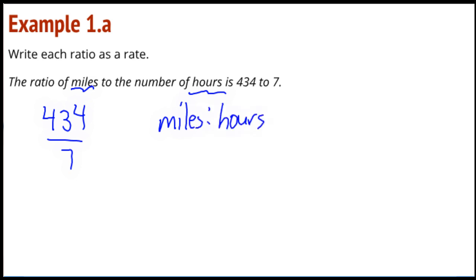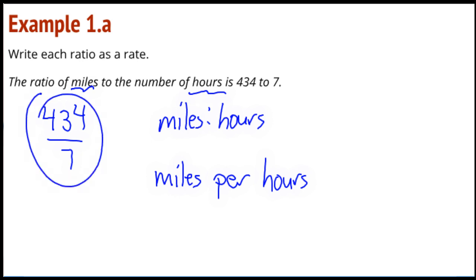And if we want to write that in a rate unit form, I have miles per hour, or miles for hours. Miles per hour is what we were using in the last lesson. So I have a rate of 434 divided by 7 miles per hour.